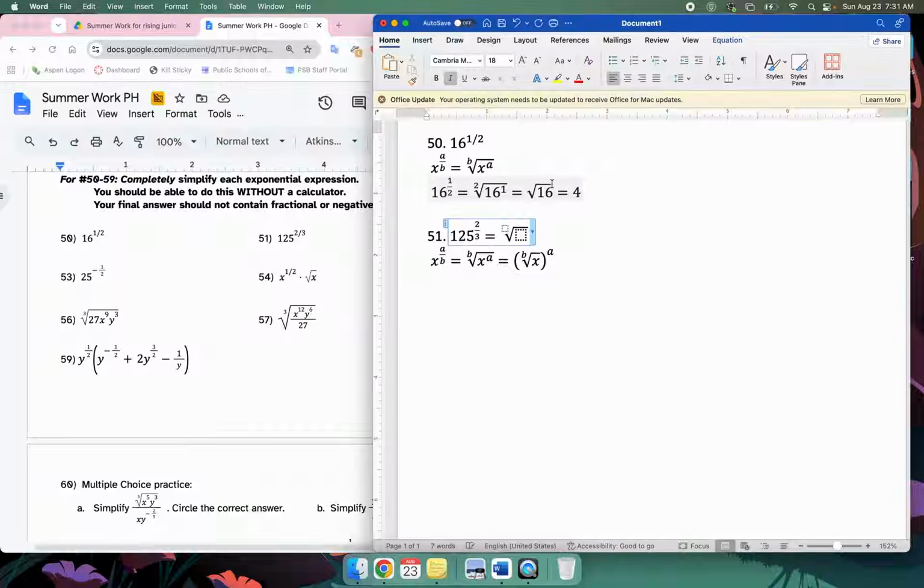Because if I tried to do it this way, I would have to square 125, which is annoying, that's a large number, and then I would have to find the third root of a very large number, which is probably something that I wouldn't know. I don't know many third roots.